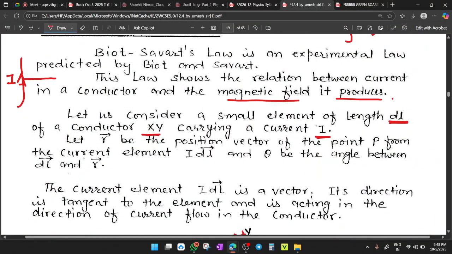So let us consider a small element of length dl of a conductor xy, current I. Let r be the position vector of the point P from the current element Idl, and theta be the angle between dl and r. Now see, we have this as the complete length.